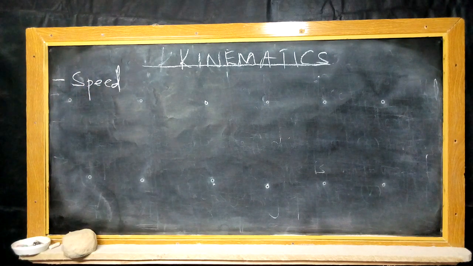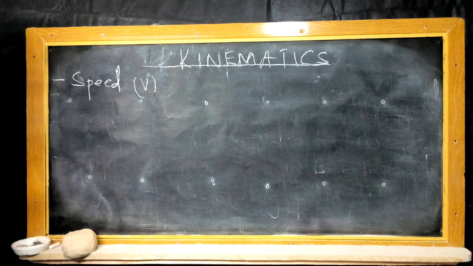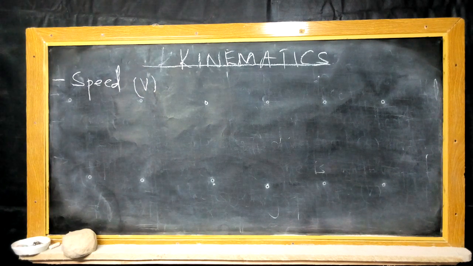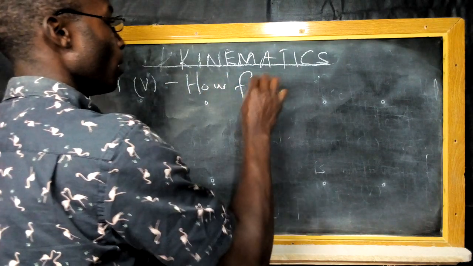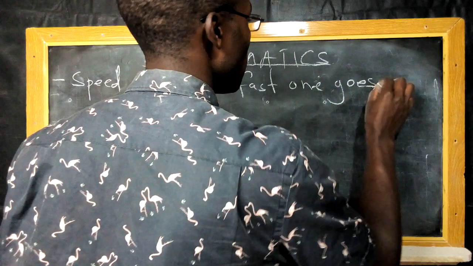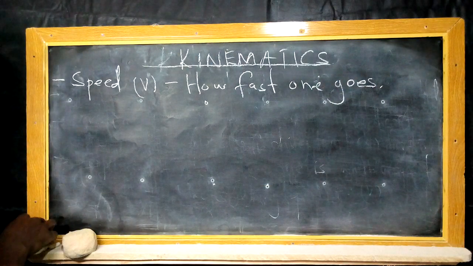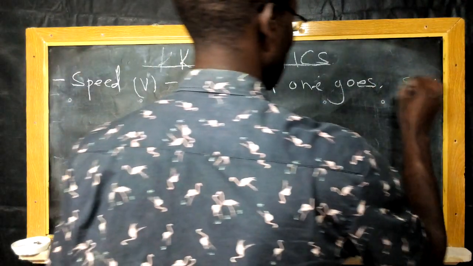We shall denote speed by the letter v. It is a scalar quantity, and it refers to how fast one goes.